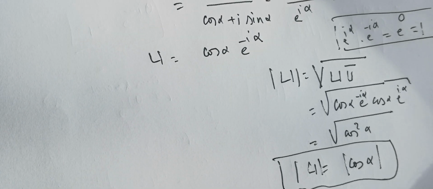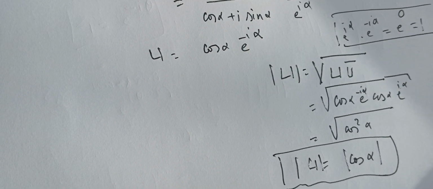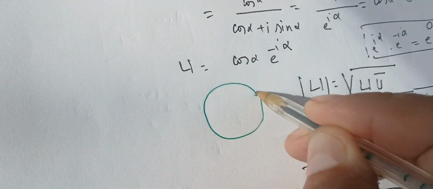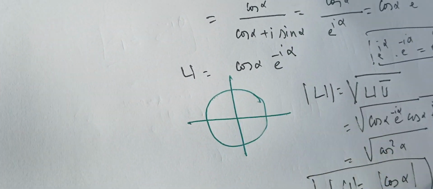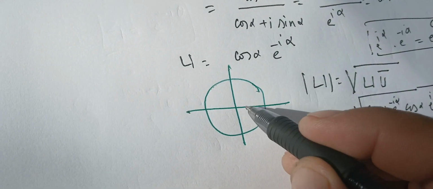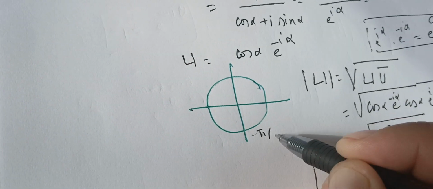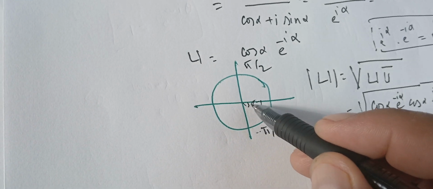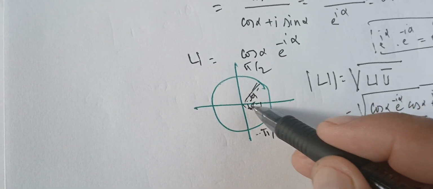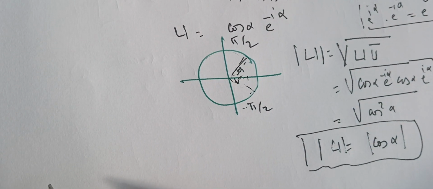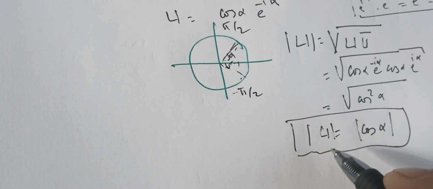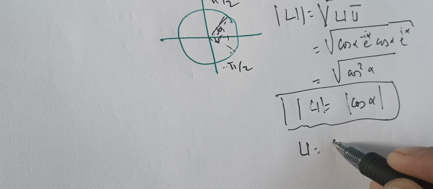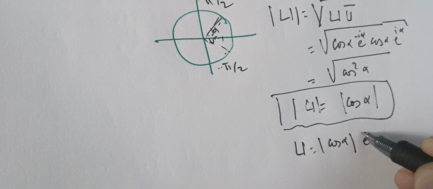I can simplify this one more time. When alpha is between minus pi over 2 and pi over 2, the cosine is positive, and therefore the norm of u is cosine alpha, and u is cosine alpha e to minus i alpha.